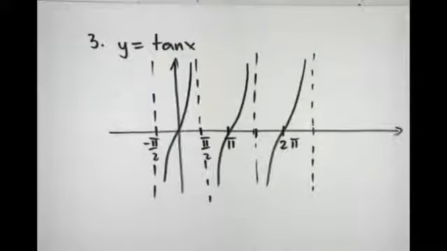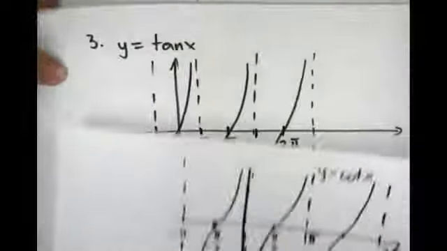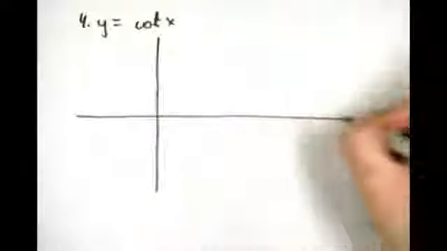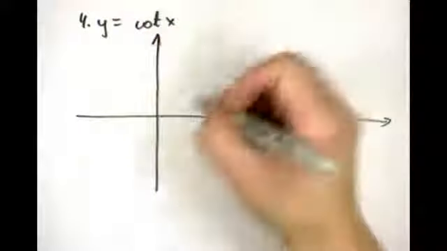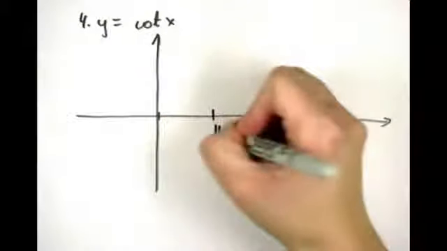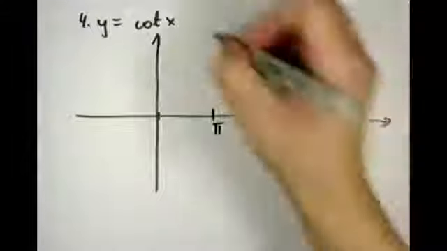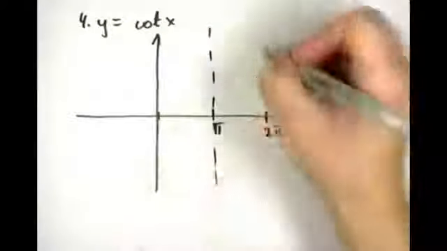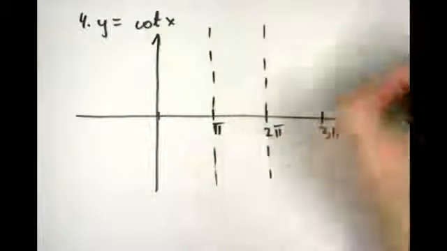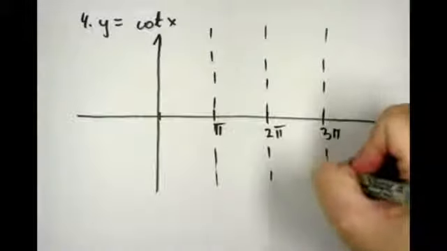Now we have number 4, cotangent function. Y is equal to cotangent x. The asymptotes are at 0 and pi, 2 pi, 3 pi. So asymptotes of cotangent are at 0, pi, 2 pi, and 3 pi.